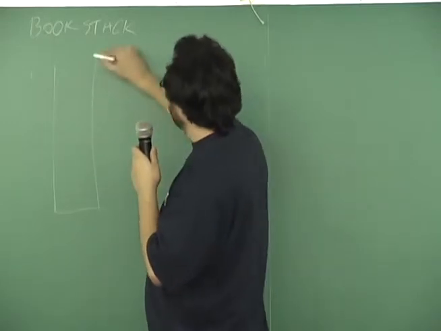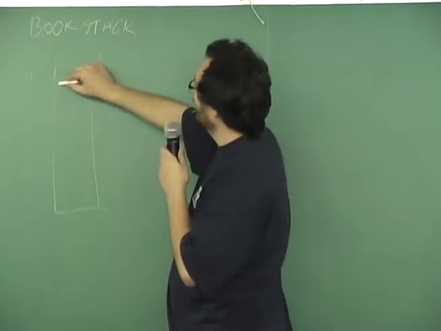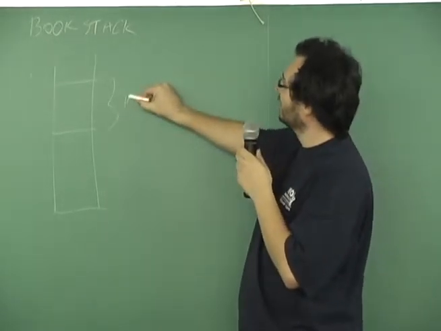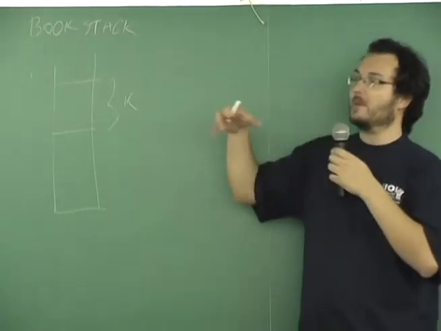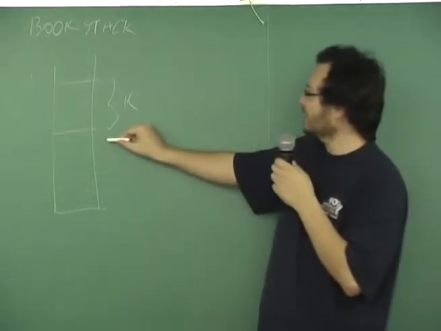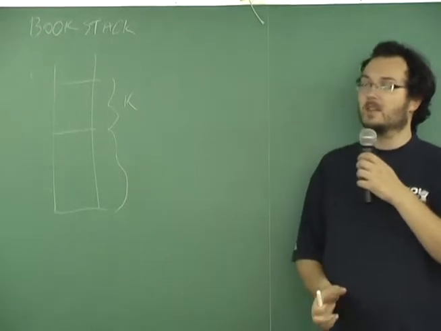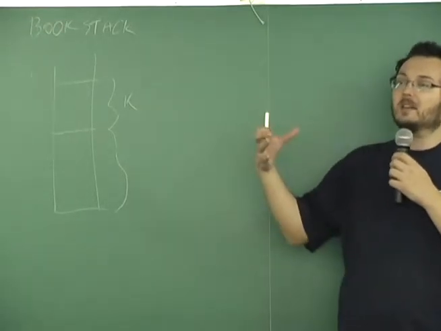So let's see what we have. We have a stack of books, and there is the interesting part, the top k books, and then there's the bottom of the stack. And this bottom behaves exactly like a normal stack.